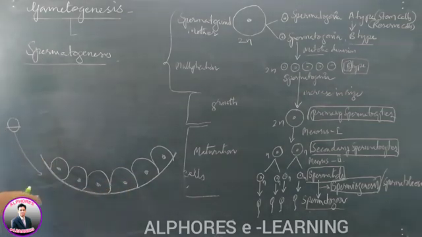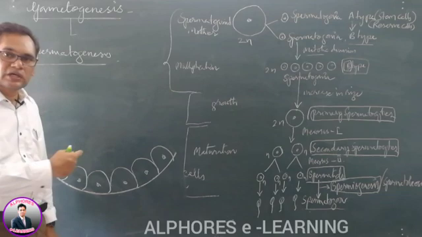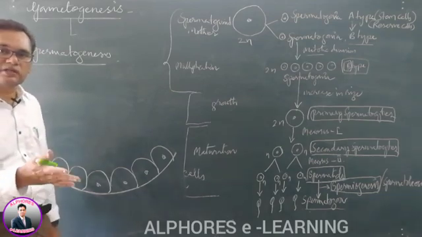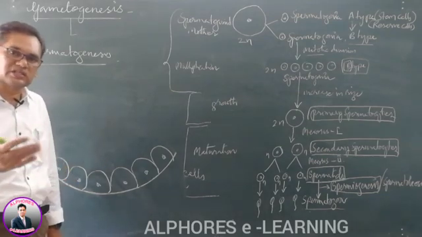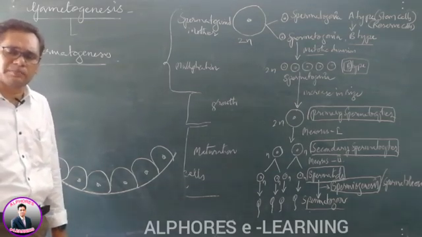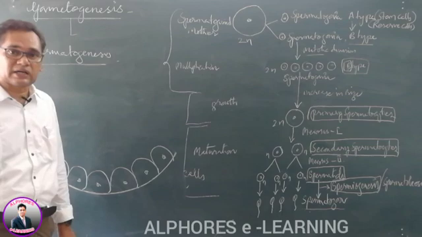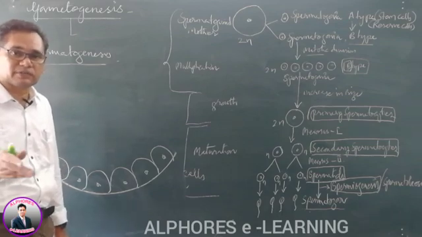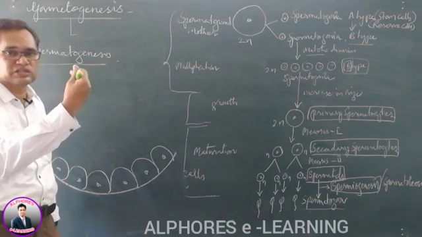In the previous class we said that these cells, spermatogonial mother cells or oogonial mother cells, are extragonadal in origin. Extragonadal means from the yolk sac at the 5th month they migrate into the testis, and likewise in ovaries.